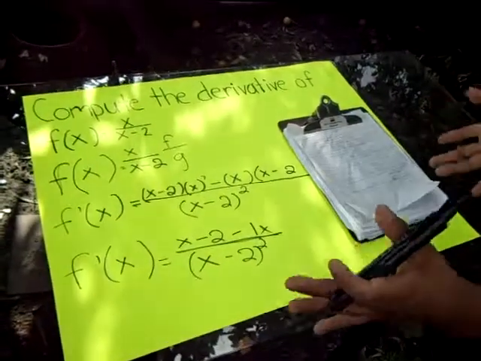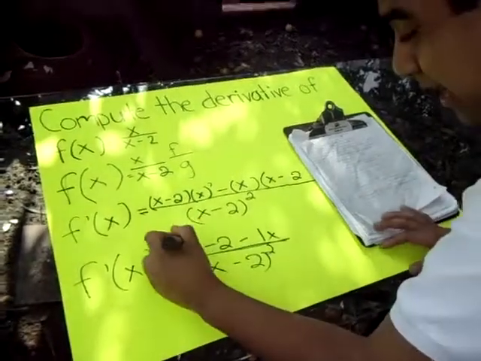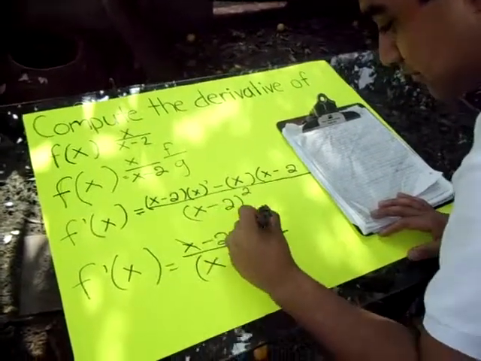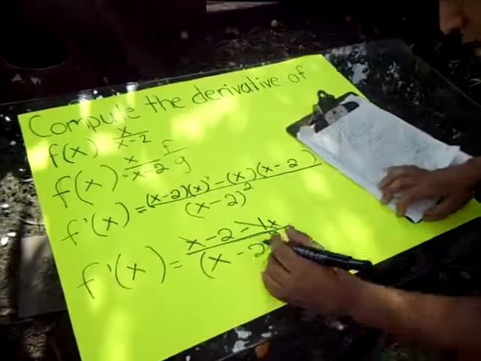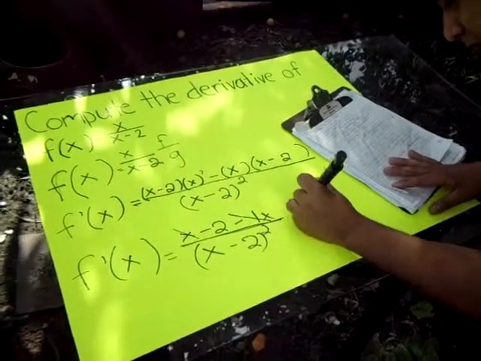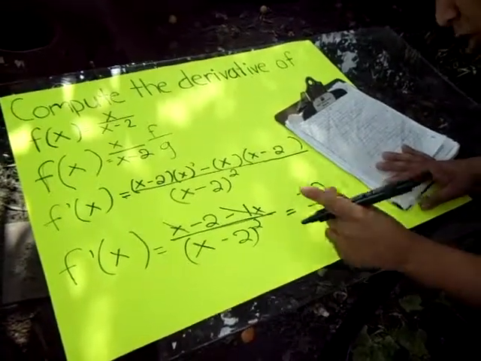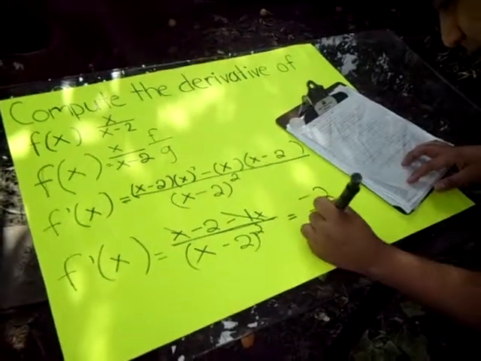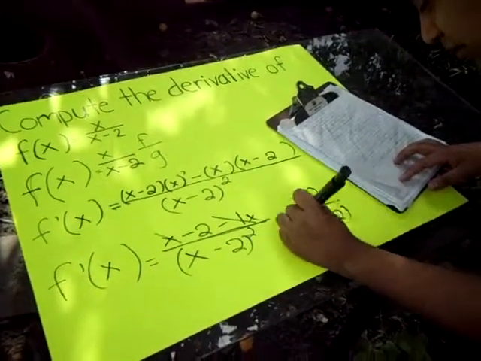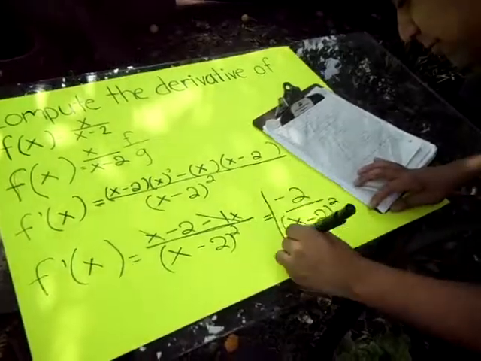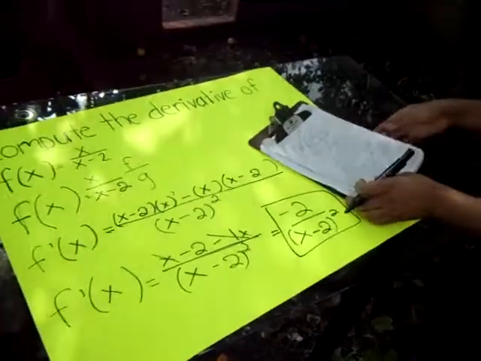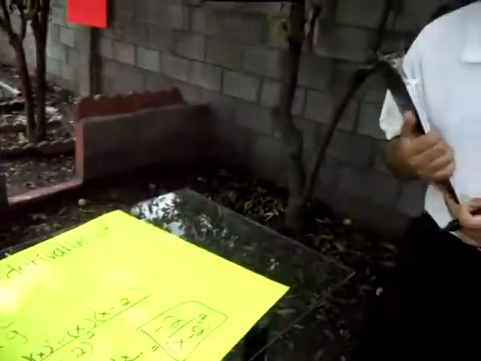We have to cancel like terms. Now, we're given negative 2 over x minus 2 squared. That's computing the derivative. Thank you for being here today. This is Levi Doris, differentiation in the quotient rule.